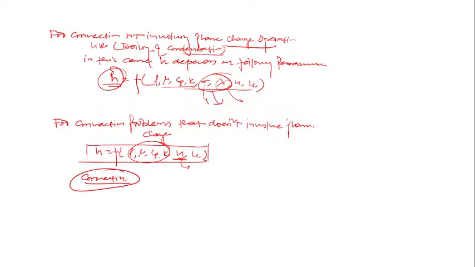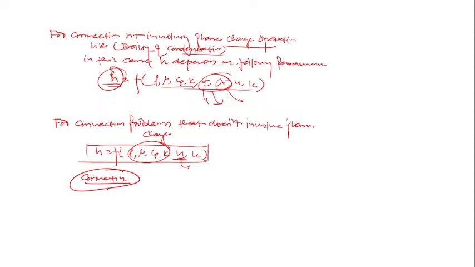As far as convection is concerned, there are two types depending upon the mechanism by which the bulk motion is induced in the fluid: one is called natural and the other forced. Another classification is depending upon whether phase change is involved or not. If it does not involve phase change, it is convection heat transfer without phase change, and if it involves phase change, it is called convection heat transfer with phase change, like boiling and condensation. That I already discussed, I will not write it here.